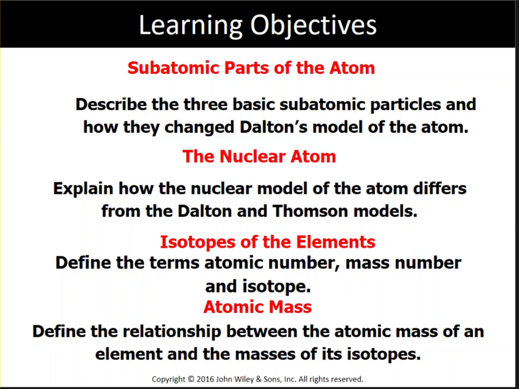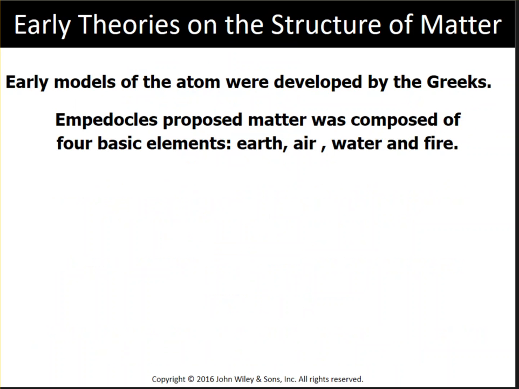So in your textbook, you have a good review of the early atomic theories. I suggest that you review the early atomic theories, see how the idea started, and for now, we're just going to focus on the subatomic particles and not much on the history.